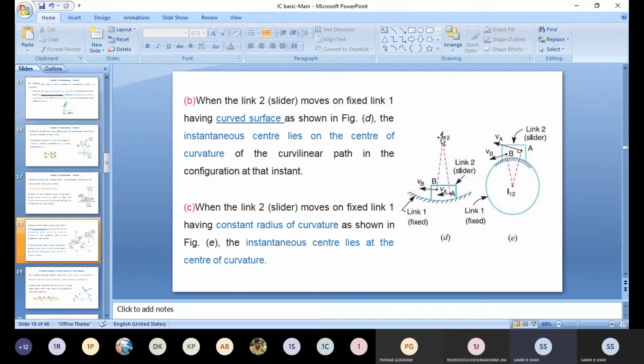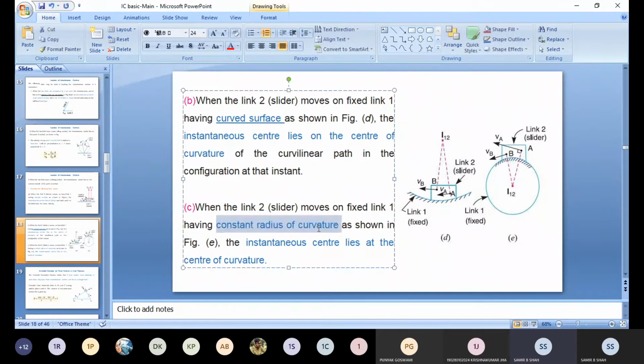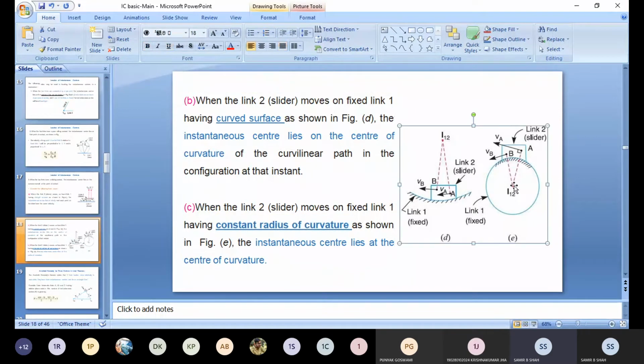Third, when link 2, which we are considering a slider, moves on the fixed link 1 having a constant radius of curvature, as shown in the figure, the IC is at the center of curvature.